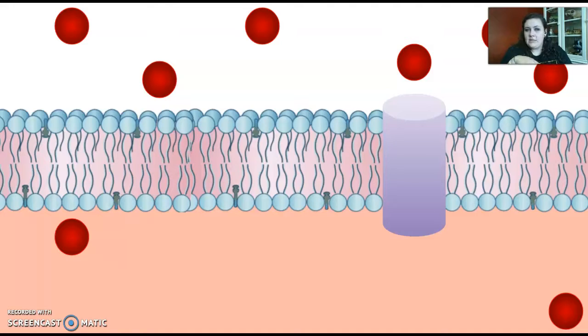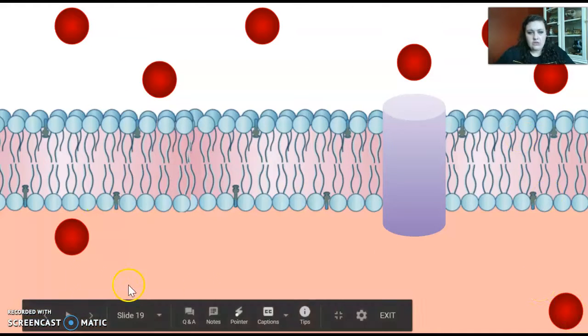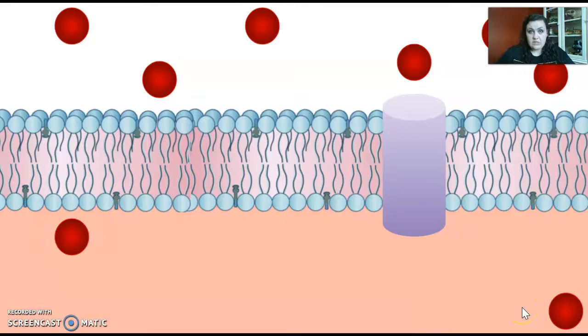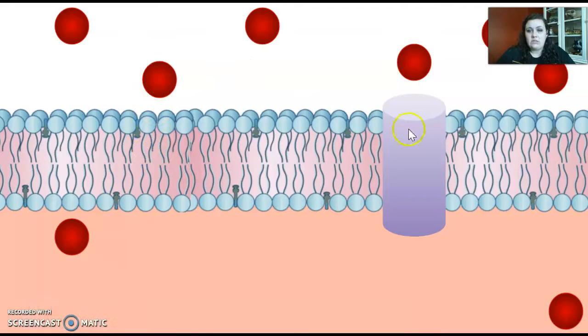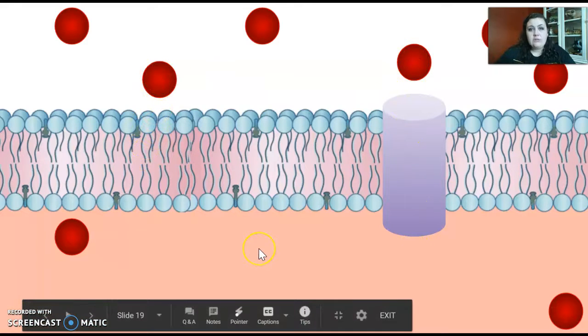But what happens if I've got a high concentration of a molecule on this side of the membrane and a low concentration on this side? Diffusion would say that these guys are going to move from high to low concentration. Because they're too big to go through the membrane itself, they'll use this protein tube, doing facilitated diffusion until they reach equilibrium, or balance out on either side.